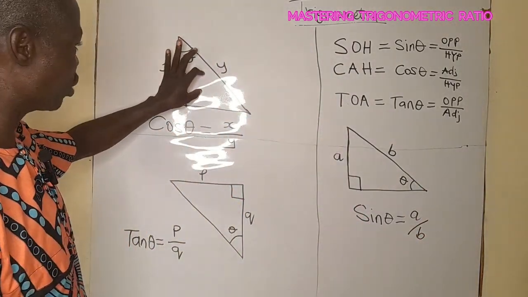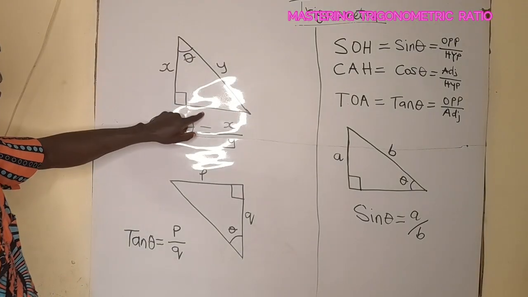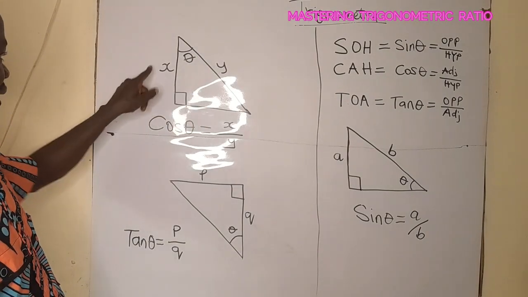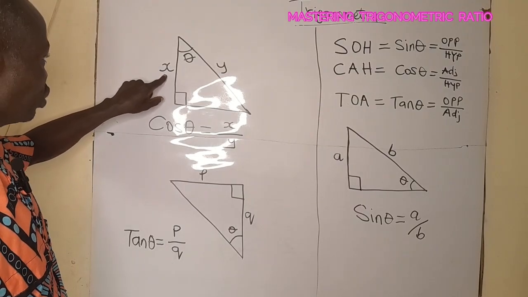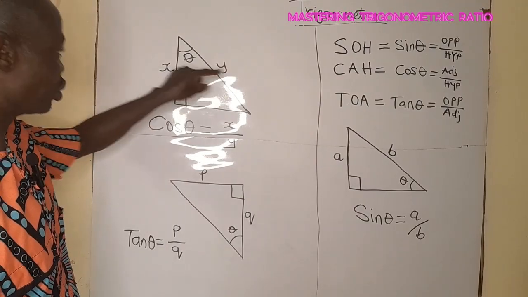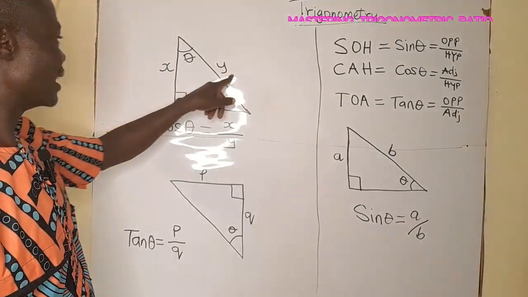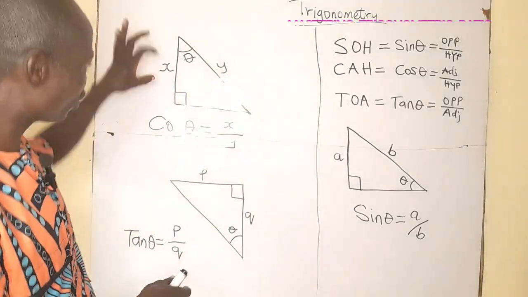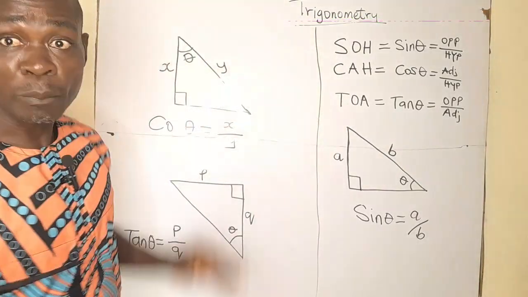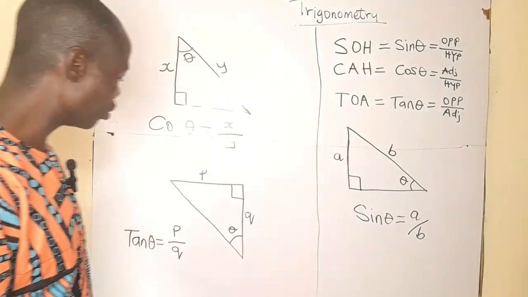Now looking at this one, I look at theta, and theta is not facing anything. I have x here, which is adjacent, and then this is the hypotenuse. So nothing was given in the opposite, and something was given in the adjacent and in the hypotenuse. So the ratio I am going to take is cos theta, because I have adjacent and hypotenuse. That's how to determine which one to carry along.